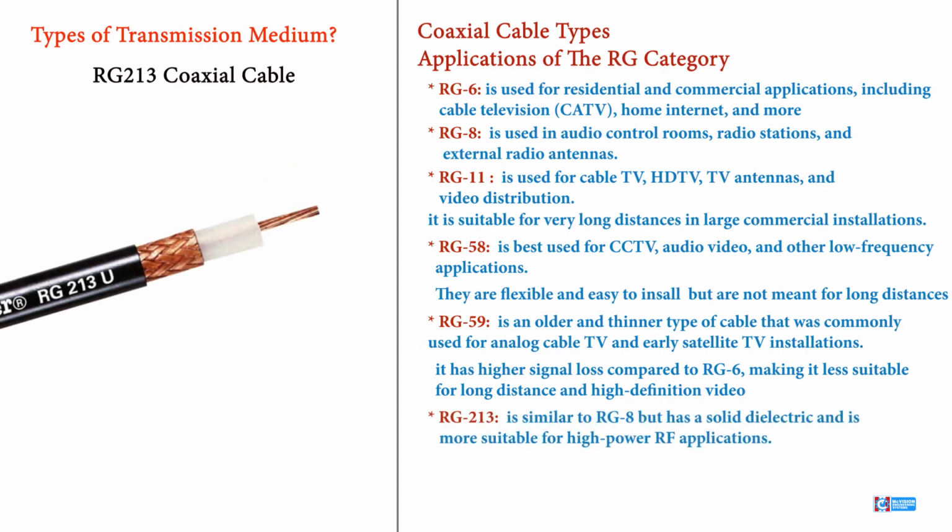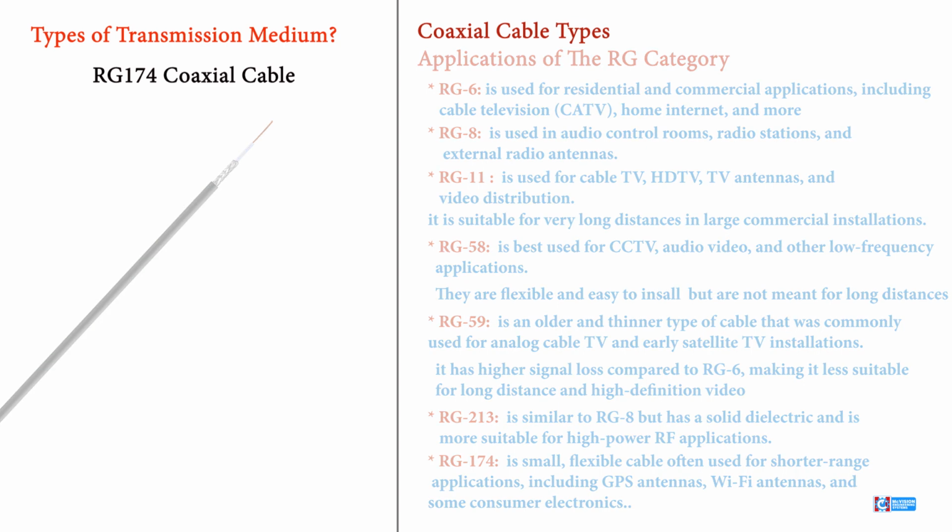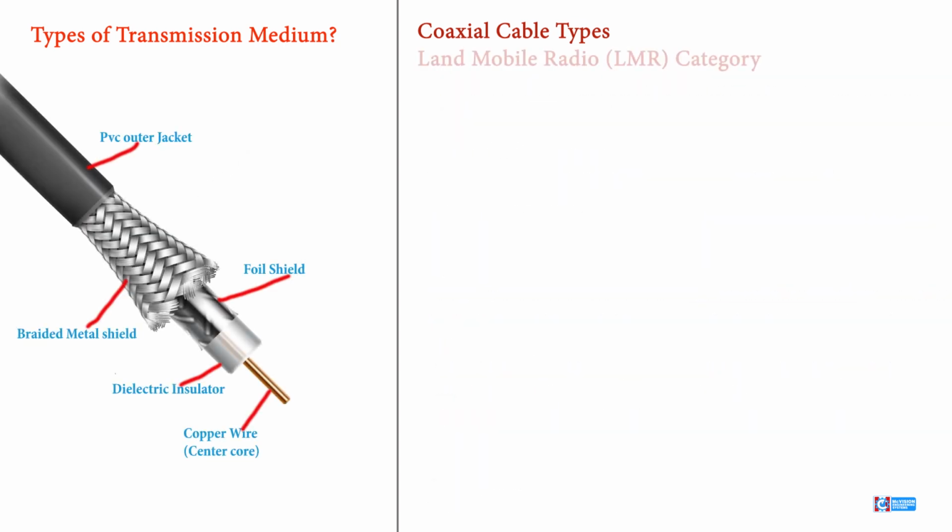RG213 coaxial cable is similar to RG8 but has a solid dielectric and is more suitable for high-power RF applications. RG174 coaxial cable is a small, flexible cable often used for shorter range applications, including GPS antennas, Wi-Fi antennas, and some consumer electronics.